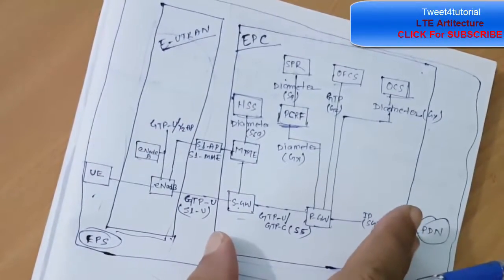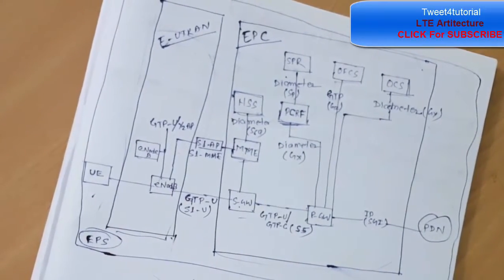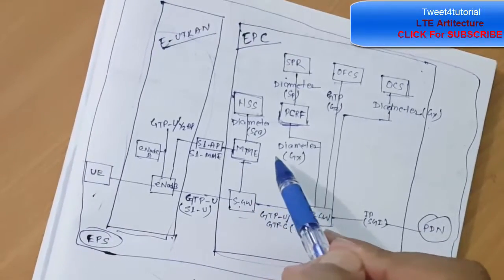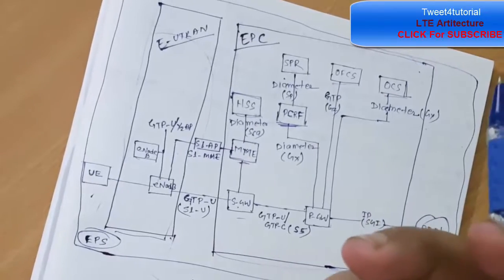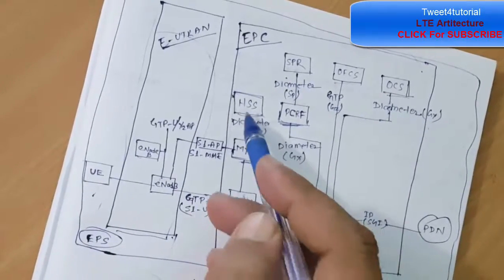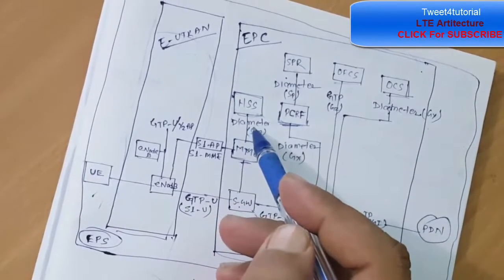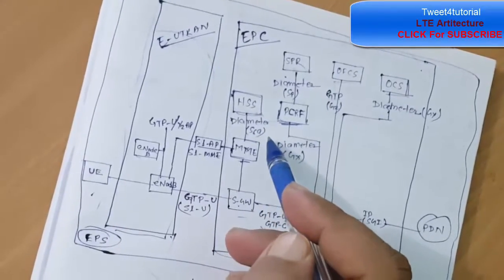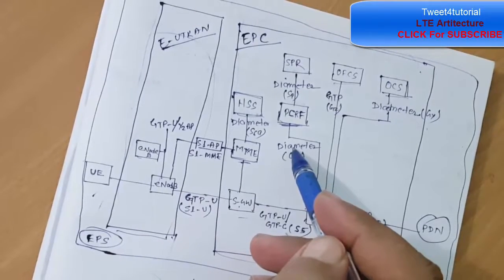When you come to the EPC entities, the first EPC entity is the MME. The MME is the main control entity of E-UTRAN. It communicates with the HSS for user authentication and user profile download, and provides users with EPS mobility management and EPS session management functions using NAS signaling.